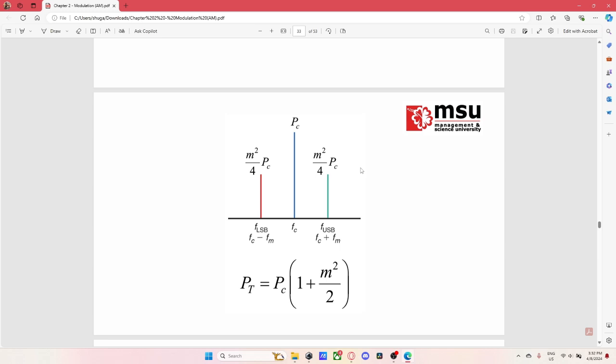Since upper sideband is equal to lower sideband in terms of power value, the equation here is the same. But for frequency, the lower sideband and upper sideband have different values: the upper sideband is Fc plus Fm, while the lower sideband is Fc minus Fm. These cannot be the same because, logically speaking, the upper sideband frequency should be bigger than the lower sideband frequency.